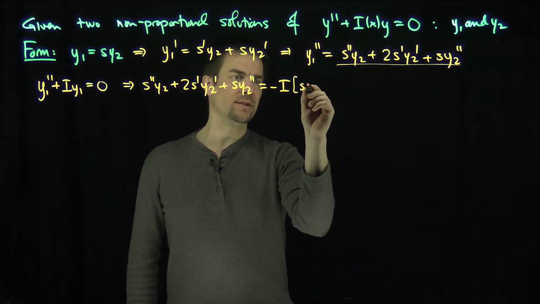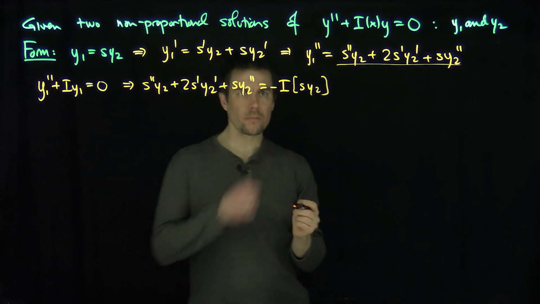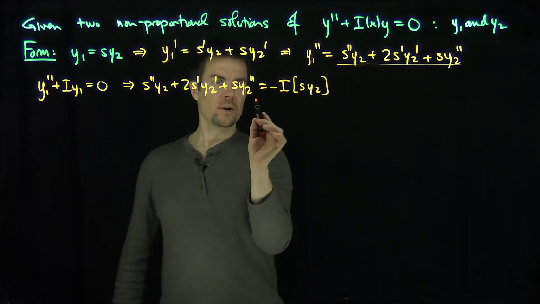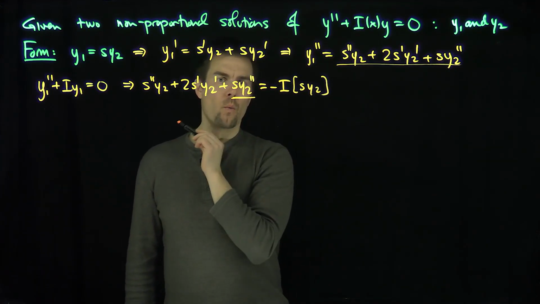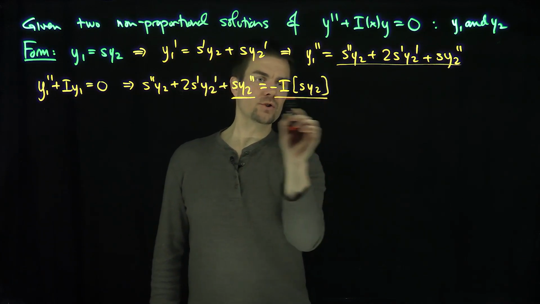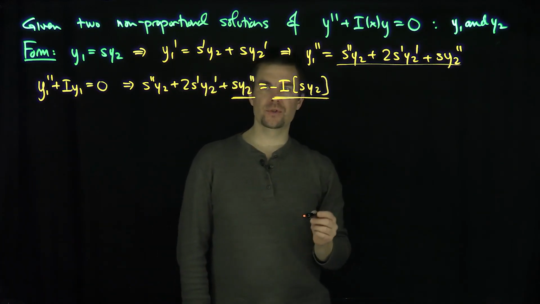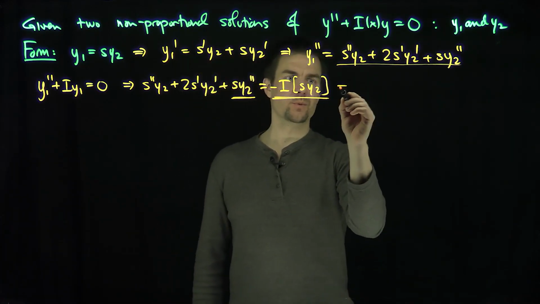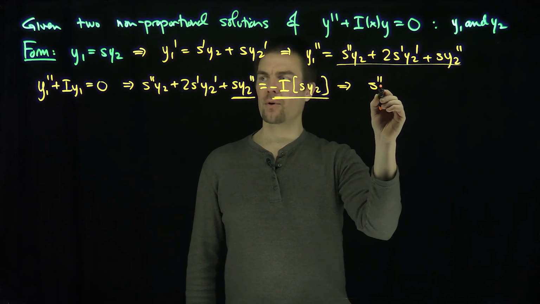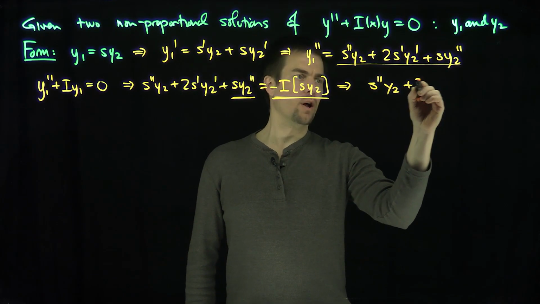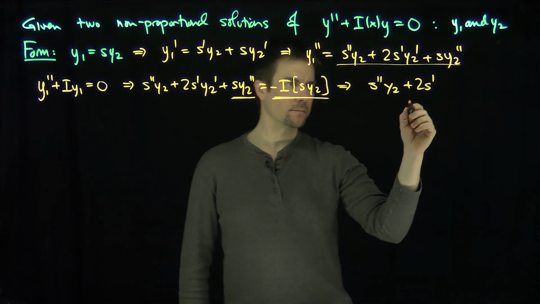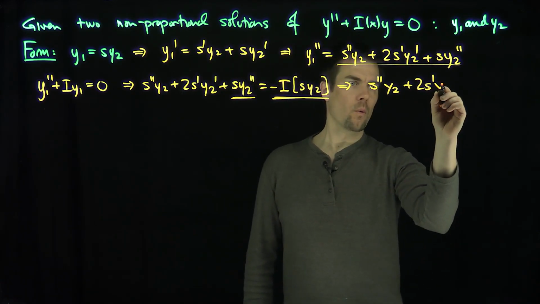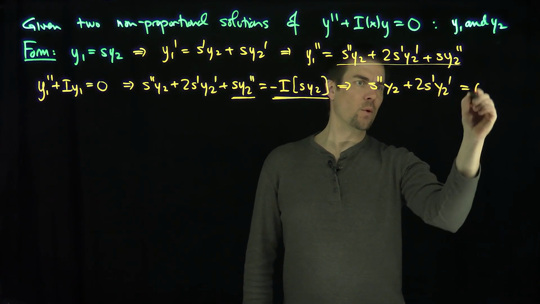But y1 is s y2. All right, so now let's look at this part of the equation over here. So I have that s y2 double prime has to also be equal to this because y2 is the solution to the equation. So what we can conclude from this is that s double prime y2 plus 2s prime y2 prime is equal to 0.